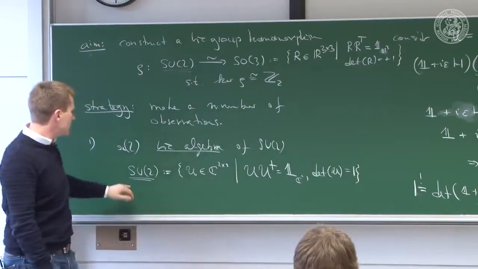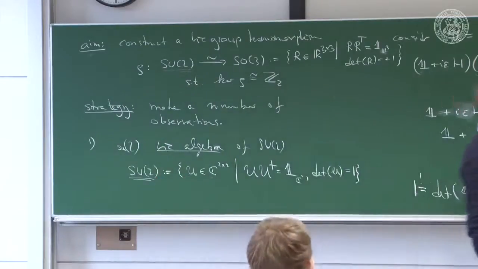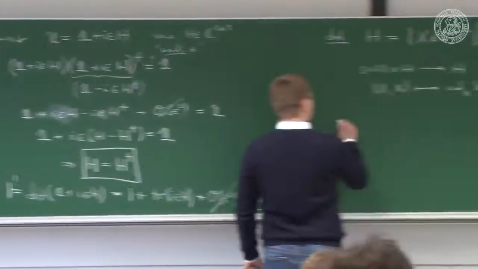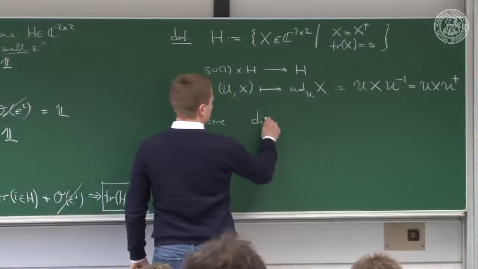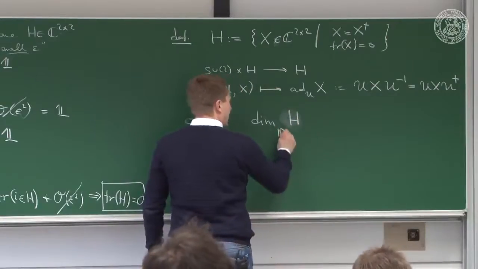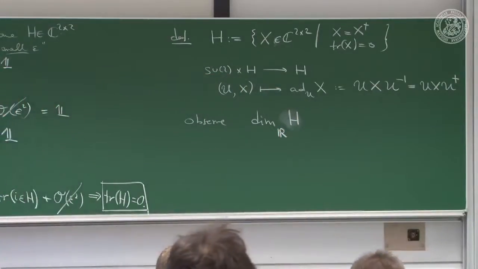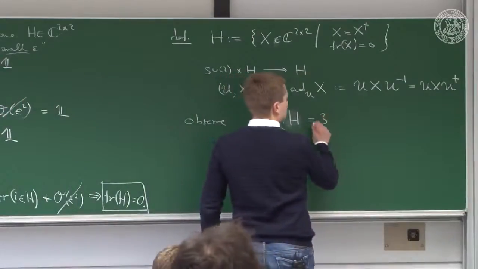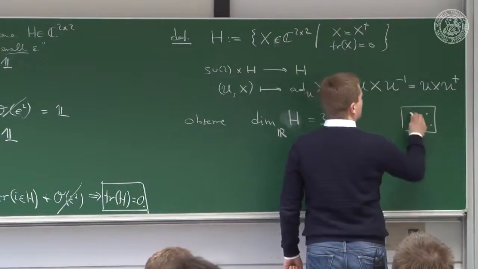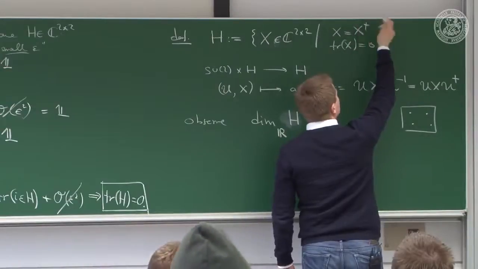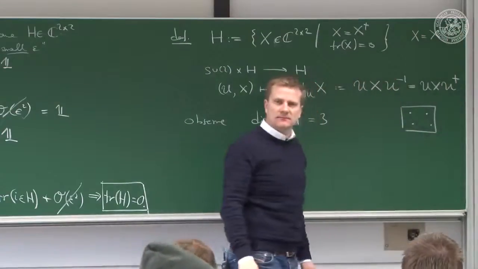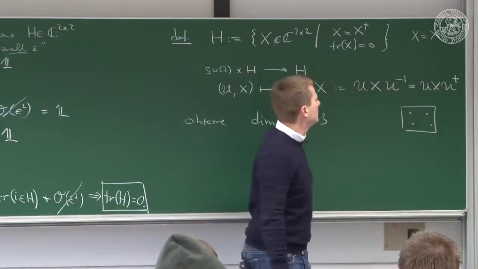because how many dimensions does this Lie algebra have? Well, observe, the dimension of this Lie algebra, of this H, as a real vector space is 3. Because, roughly speaking, you have 2 by 2 complex matrices, but you require that X equals X dagger, but you know that X dagger is X transpose star, in this very simple setting.